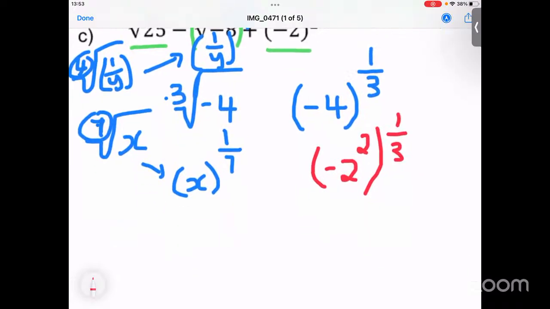Therefore, you have the 2 and then that exponent multiplying with that, whereby you end up having 2 multiplying the 1 over 3. Something of this nature, honorable member, or the member who is honorable.